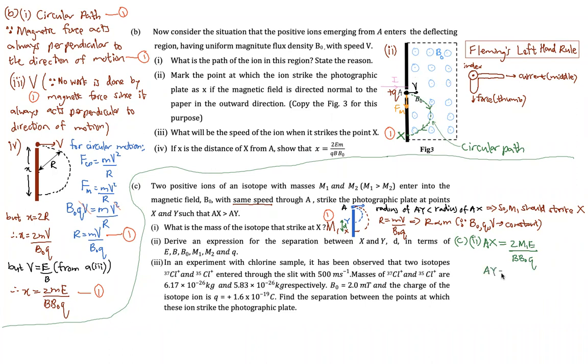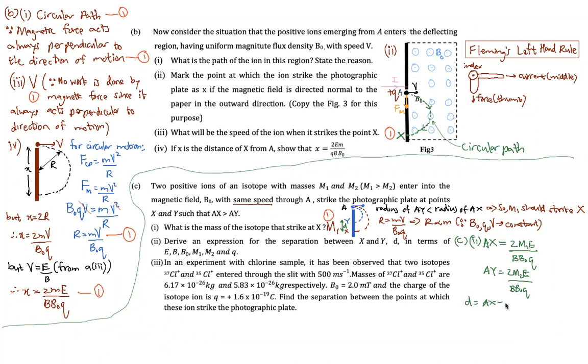AY is going to be equal to 2m2E over B naught Q. That's all. Then the question is separation between X and Y. So simple D is actually equal to AX subtract AY.